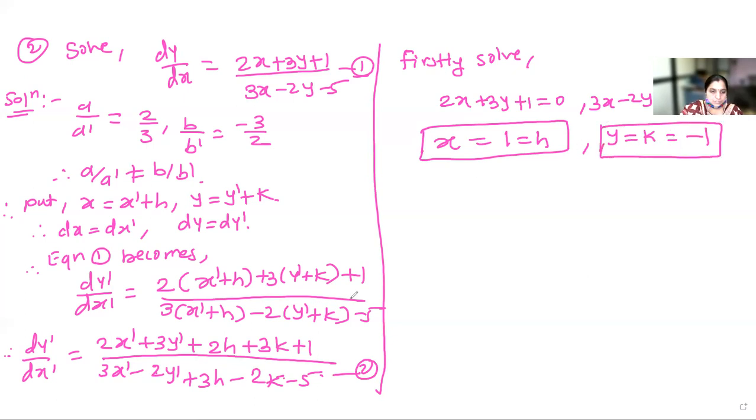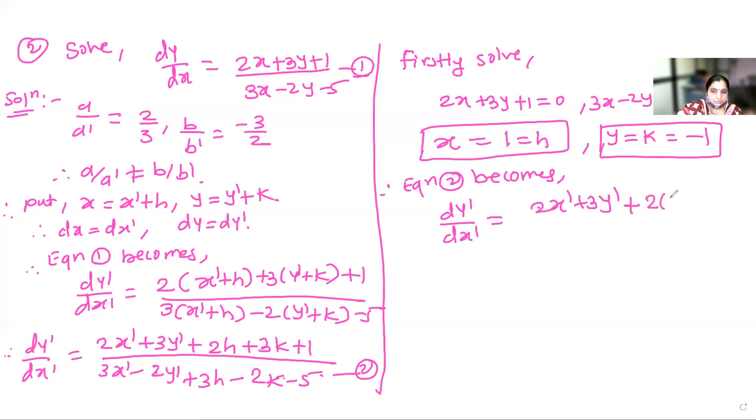We put these values in equation 2, therefore equation 2 becomes dy dash by dx dash equals 2x dash plus 3y dash plus 2 into 1 minus 3 into, sorry, 3 into value of k, minus 1, plus 1, divided by 3x dash minus 2y dash plus 3 into 1 minus 2 into minus 1 minus 5.